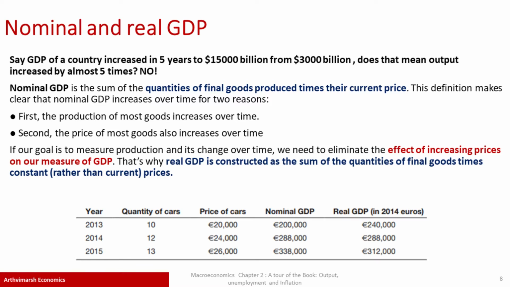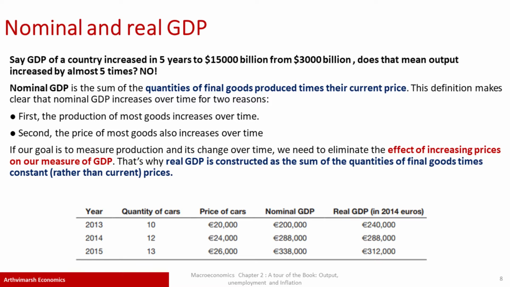So using this approach, real GDP in 2014 euro terms will be equal to 10 cars times 24,000 euros per car. When multiplied, we get that 240,000 figure for 2013. Likewise for 2014 and 2015 we have 288,000 and 312,000 respectively.